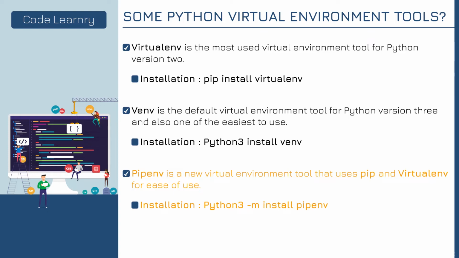So if you want to install pipenv on your computer, you can use the command python3 -m pip install pipenv, and once you run this command, the pipenv virtual environment manager will be installed on your computer. Now I can say from using pipenv that it is very easy to use as compared to the other virtual environment managers that we have spoken about already.